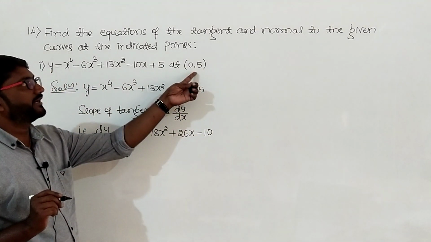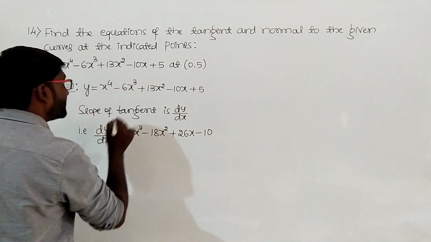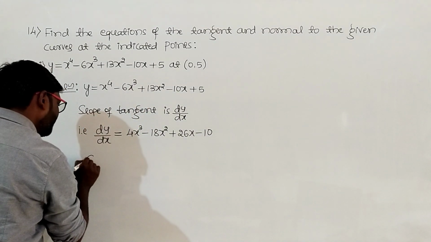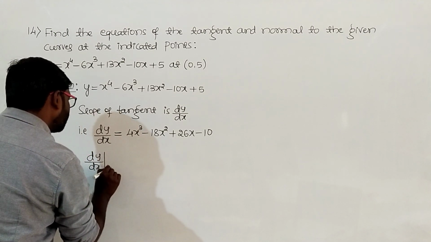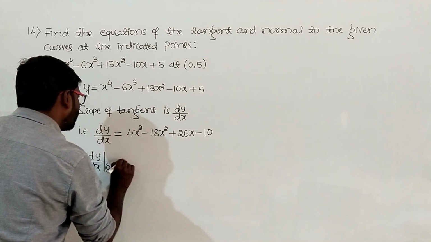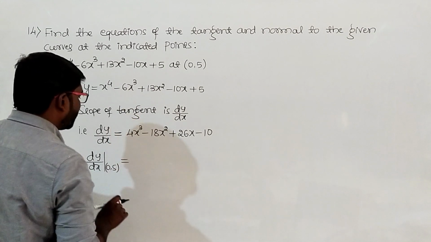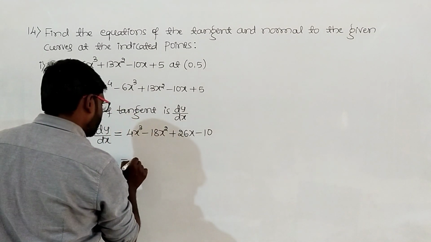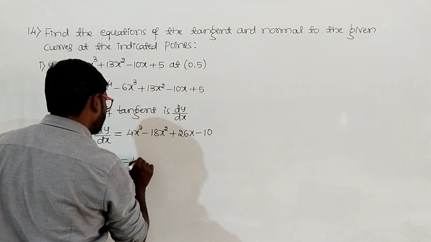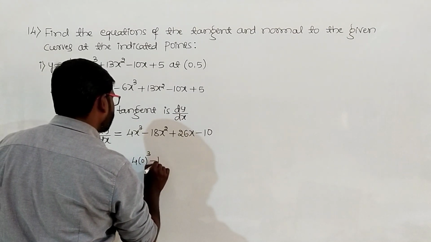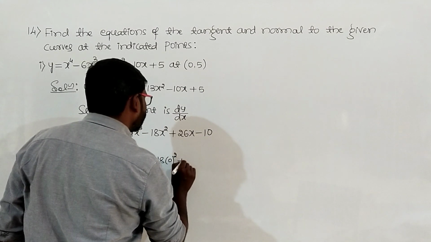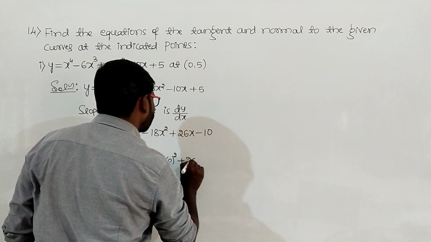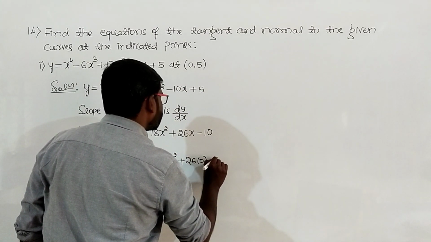Now he has given the point 0 comma 5. Slope of tangent at 0 comma 5, so dy by dx at 0 comma 5. That means we have to replace x by 0. So this is going to be 4 into 0 cube, then minus 18 into 0 square, then plus 26 into 0, then minus 10.